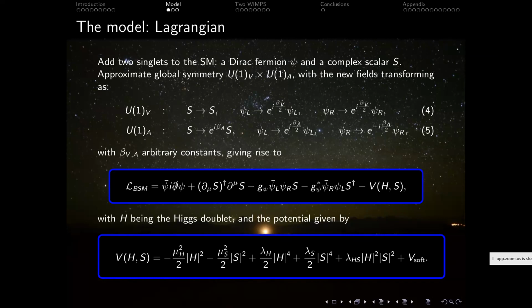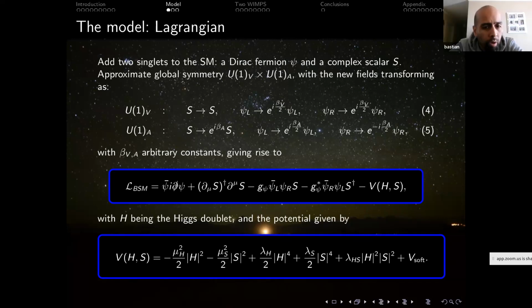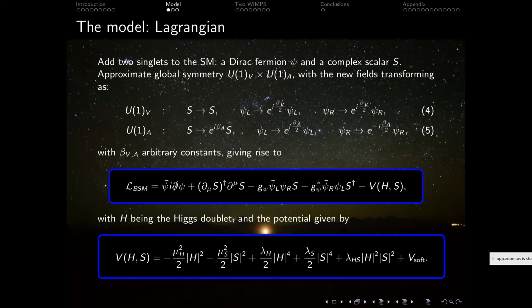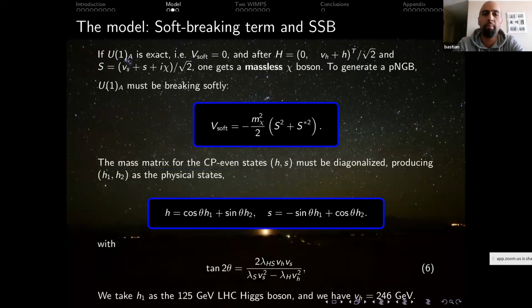Can you comment on soft breaking terms? I mean, why do you need those? Yeah, I'm going to this point actually, because if this soft breaking term B is exactly zero, after the spontaneous symmetry breaking of H and S, or actually only S, you would see that the imaginary part of the scalar is massless.